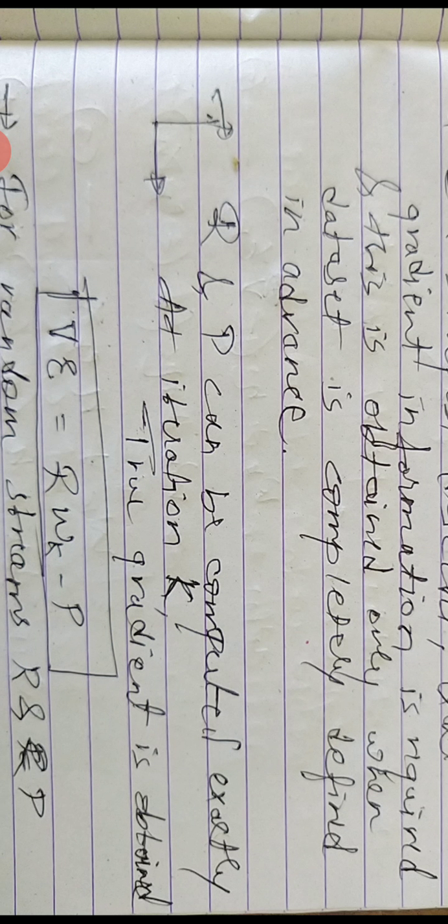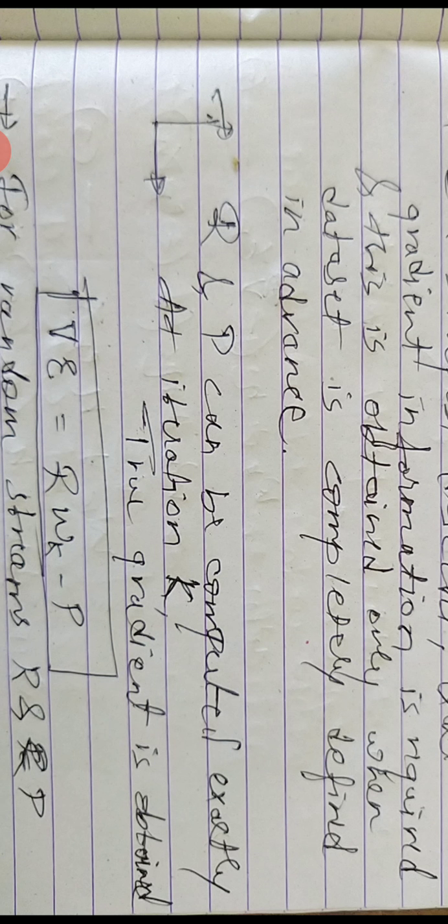But there could be a case wherein your data set cannot be defined completely in advance, and it may be random in nature. That means the data are drawn from a stationary distribution and not from an accurate distribution. In that case, your R and P cannot be computed very accurately.